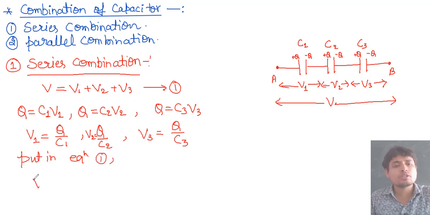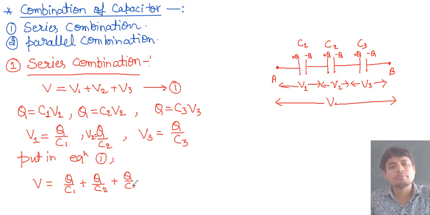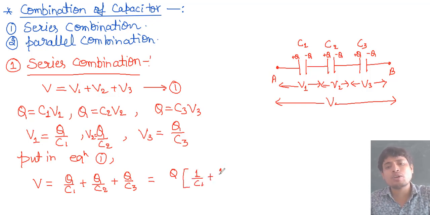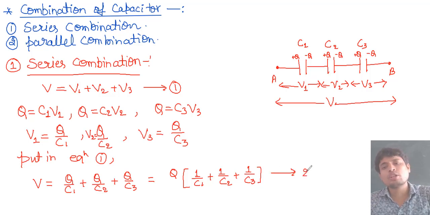We will get V is equal to Q by C1 plus Q by C2 plus Q by C3. You can take Q as common: V equals Q times (1 by C1 plus 1 by C2 plus 1 by C3). Equation number 2.